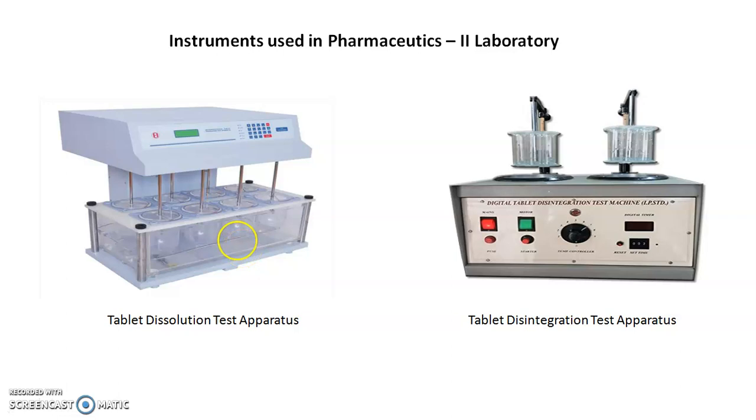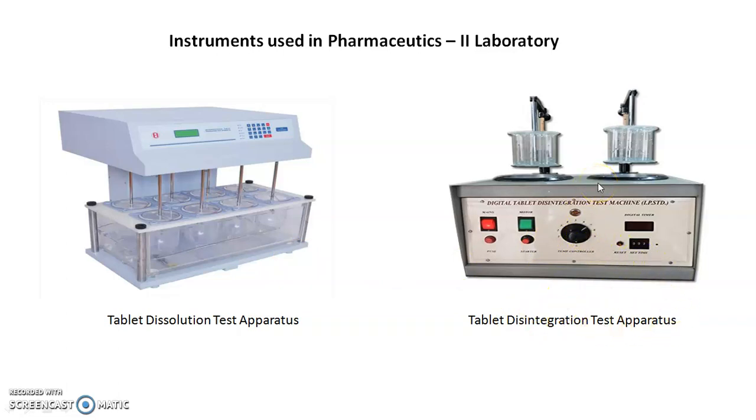Here we can see a total of 8 baskets and 8 paddles. So this is the tablet dissolution test apparatus which is used for evaluation of tablets, especially for taking the dissolution test of tablets.